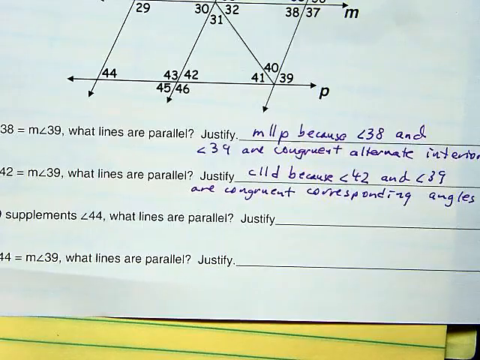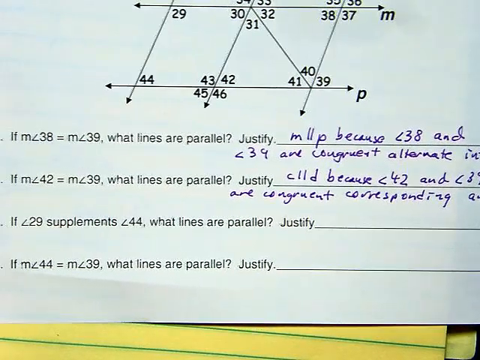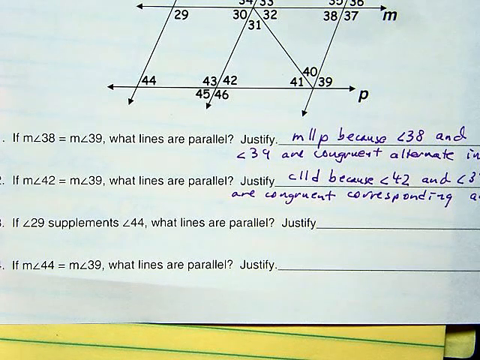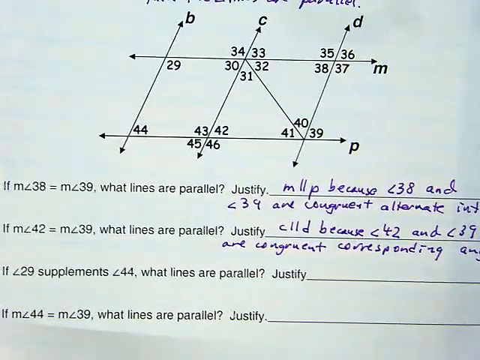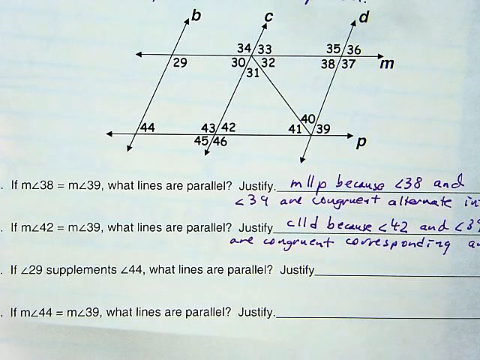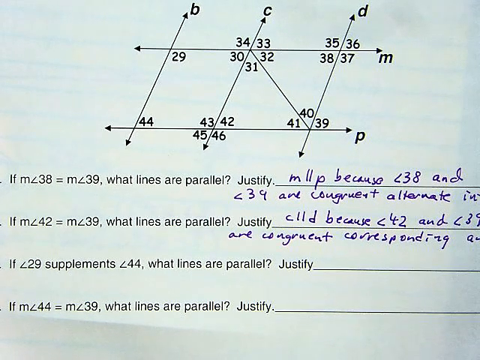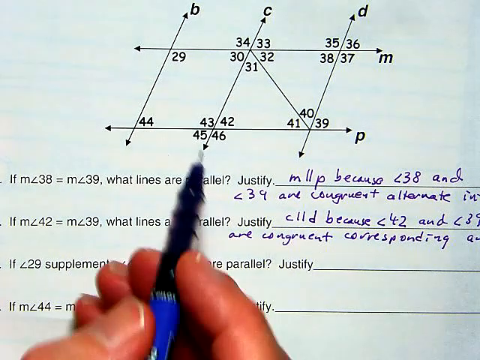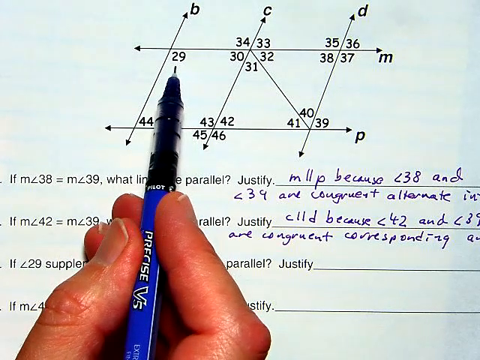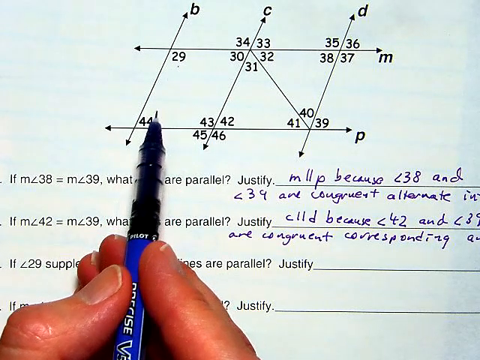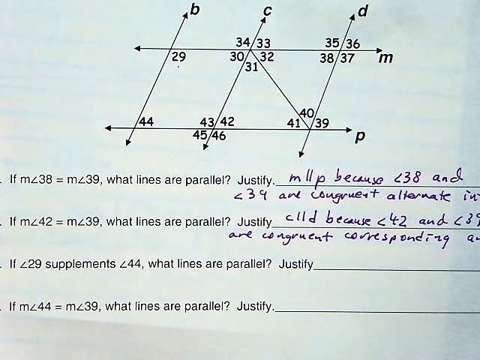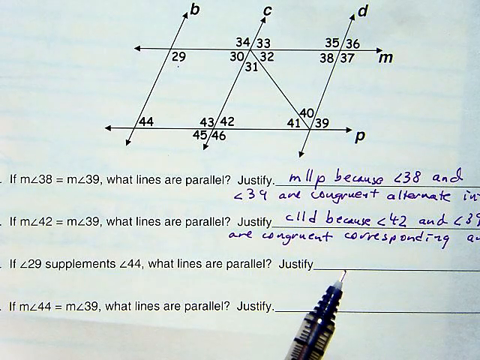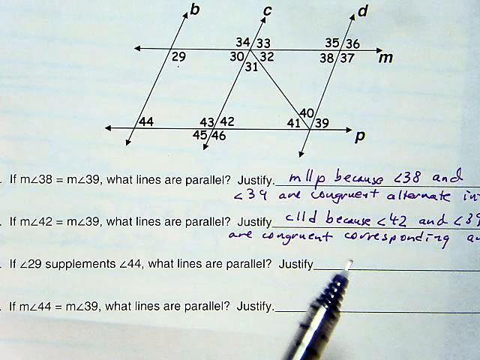Let's take a look at the next sentence. If angle 29 supplements angle 44, which lines are parallel? Angle 29. Okay, let's take a look at angle 29. That's this angle over here. If it supplements angle 44, which lines are parallel? Well, what are the lines that make up angle 29?